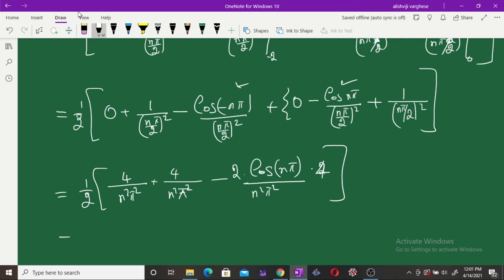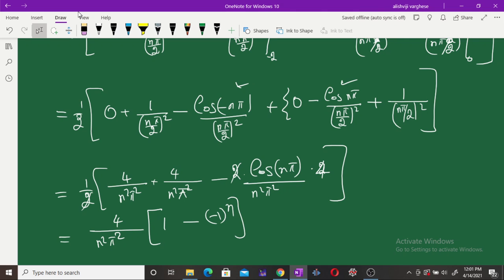So this is equal to, we can just cancel 1 by 2 with 2 here, and we add these two terms, we get 2. So 4 can be taken as a common factor, and n square and pi square can be taken as a common factor, and what remains is 1 minus cos n pi, which can be written as minus 1 raised to n.